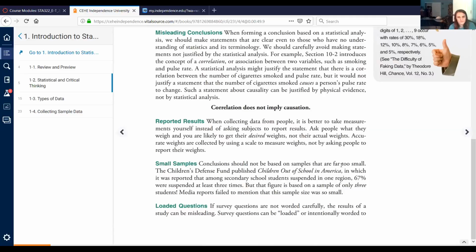We should also be careful about loading the questions. There's an old joke about a lawyer who was trying to win a case. It was a spousal abuse case, and the question he asked was, do you beat your wife?